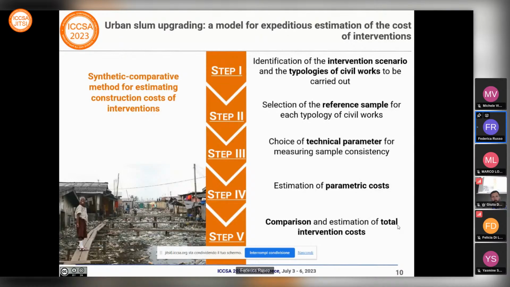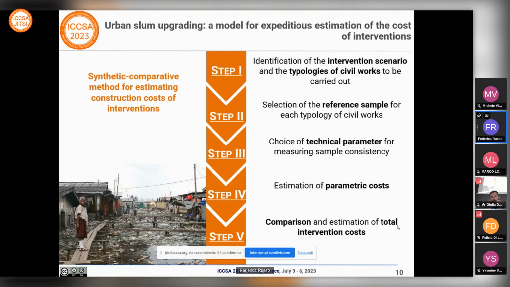The most suitable and expeditious procedure for the preliminary cost estimation of a slum redevelopment intervention is the synthetic comparative procedure. This procedure estimates construction costs through comparison with the known costs of similar works already carried out.